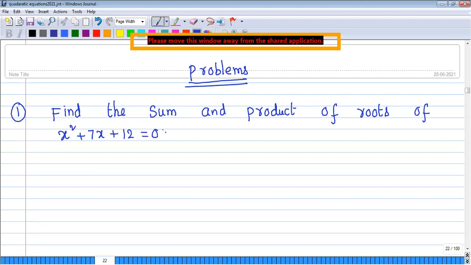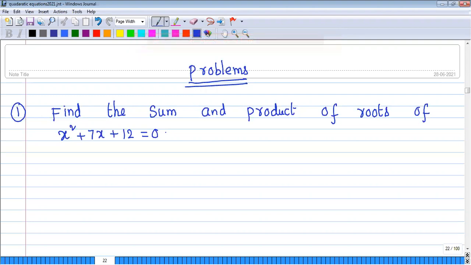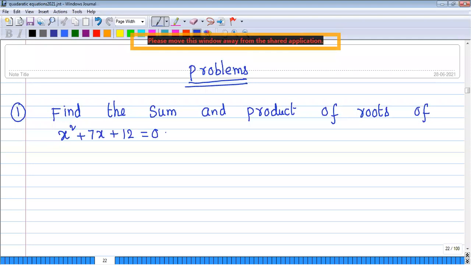That means generally, whenever these types of questions are given, the students will commit a mistake. Commit mistake means it's not a mistake. They will start to find out the roots of the quadratic equation. You need not find out. Without finding the roots of the quadratic equation, you are supposed to find the sum of the roots and product of the roots with the help of the formula we have derived, the first deduction.